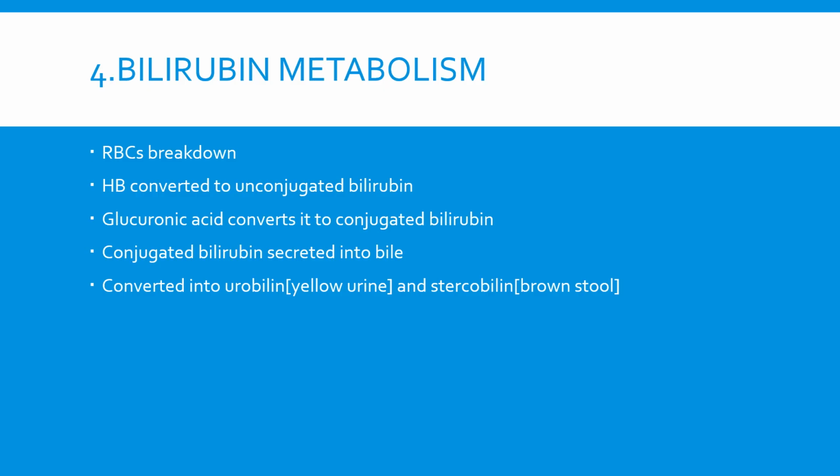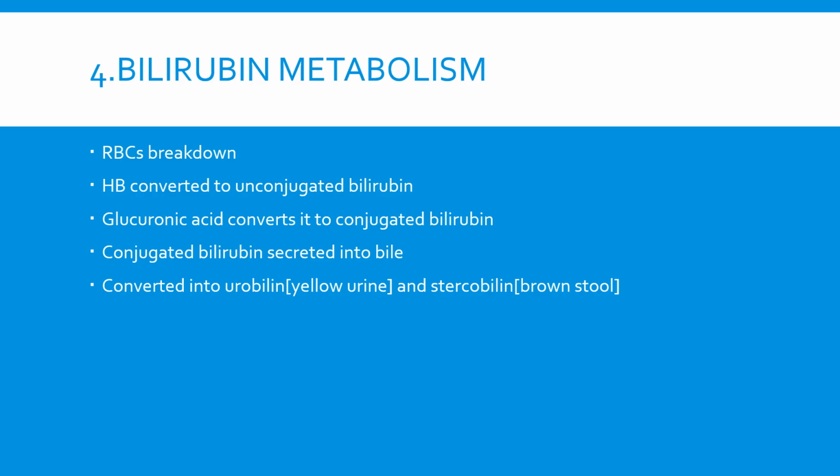Hemoglobin is converted into unconjugated bilirubin first, where the liver comes in and turns the unconjugated bilirubin into conjugated bilirubin with the addition of glucuronic acid.